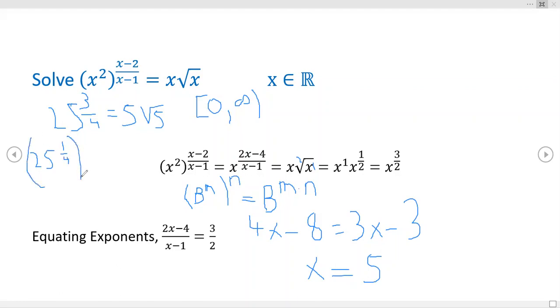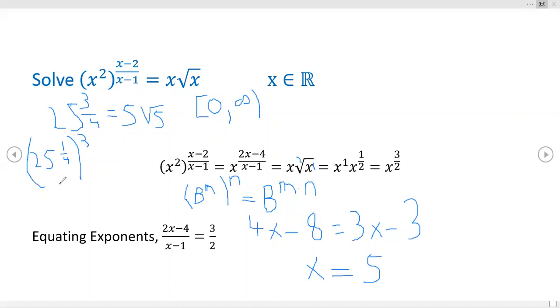That is literally the meaning of raising something to a fractional exponent. Now notice that if you extract the 4th root of 25, you're saying, what do I have to multiply by itself 4 times to get 25? Well, that would be root 5. Root 5 times root 5 times root 5 times root 5 is 25, because root 5 times root 5 is just 5.